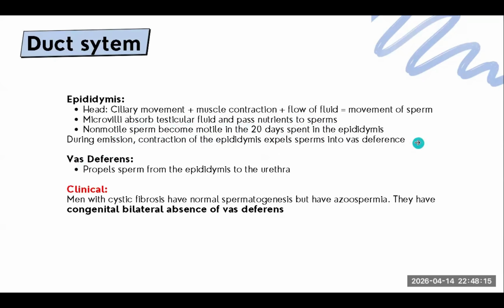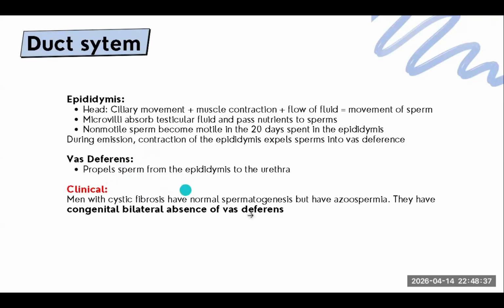Deferens, it's an S over here, okay? Now, the vas deferens propels sperm from the epididymis. Technically not though. The vas deferens is connected to the epididymis and sperms move all the way from the epididymis through the vas deferens and finally into the urethra.